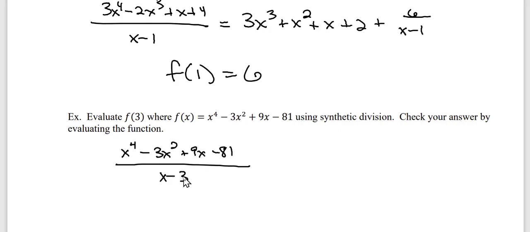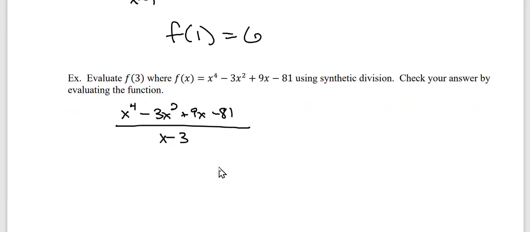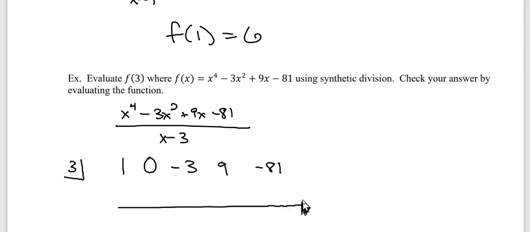It says do it using synthetic division. I don't want to do long division on this if I don't have to, so let's do the synthetic division. 1, I need a 0 for that missing cubic term, negative 3, 9, negative 81. We put the 3 over here, and I put a little box around it to distinguish it from these other values.